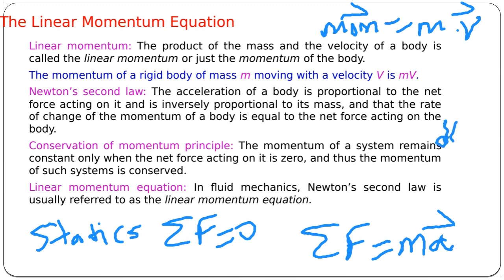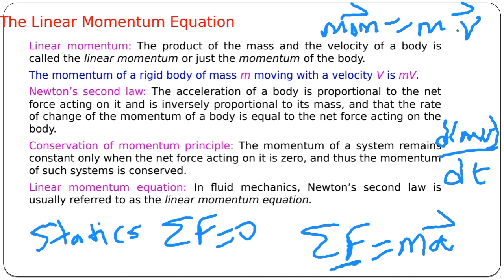It is, because m is constant, dv/dt is a. So if the time rate of change of momentum is non-zero, then the sum of the external forces is non-zero, meaning that the body will be accelerating. This is called the linear momentum equation.